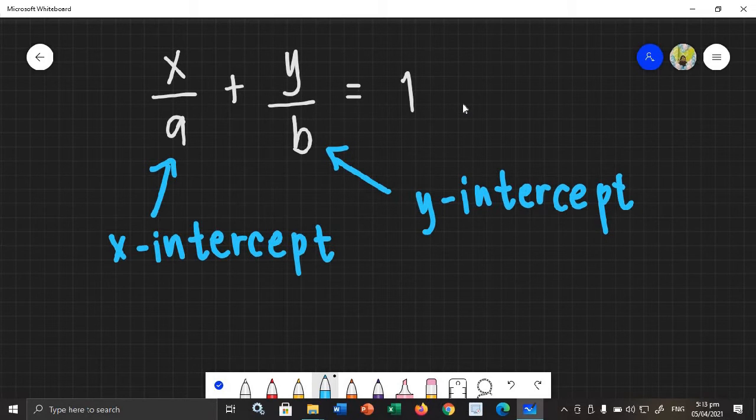That is according to the form. So we cannot change the value of 1 there. This is what we call the intercept form.